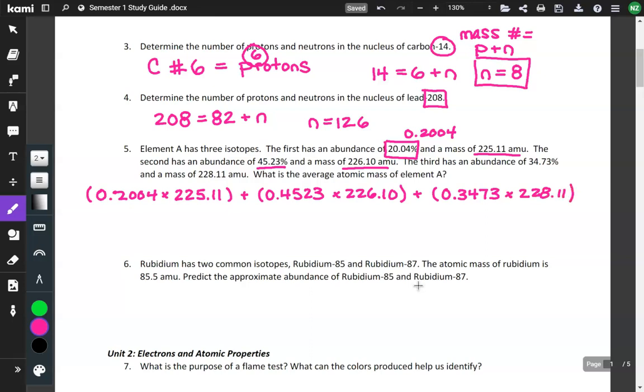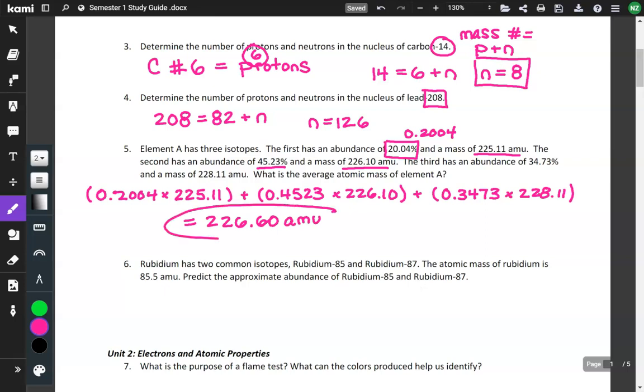Okay, so I'm going to do the math on my calculator here. 0.2004 times 225.11 plus 0.4523 times 226.10 plus 0.3473 times 228.11. And I get an answer of 226.60 as my answer.